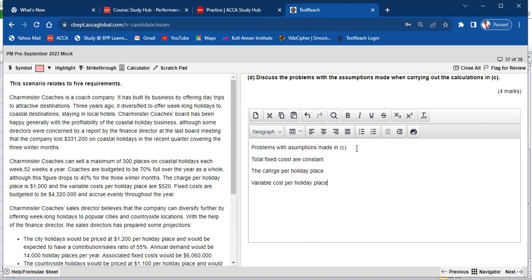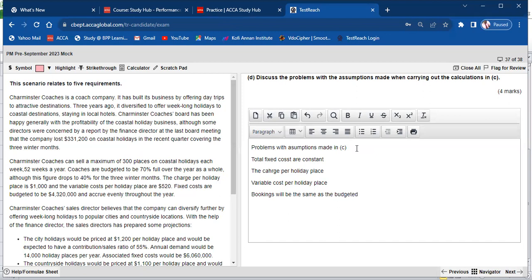4 marks there. What other assumption is in CVP analysis? That production and sales are the same. So there are no closing stocks. So the assumption that bookings will be the same as the budgeted.